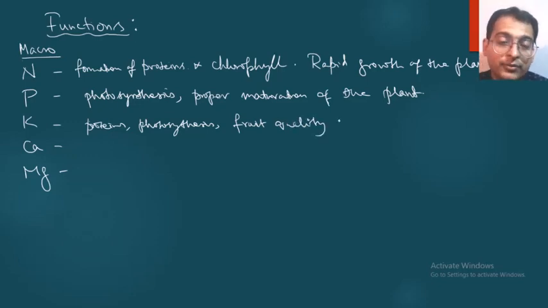At what time can you add potassium? It can be added when fruits are already formed, in small stages, and you want the fruit quality to improve. At that time the farmer can add potassium to the soil.